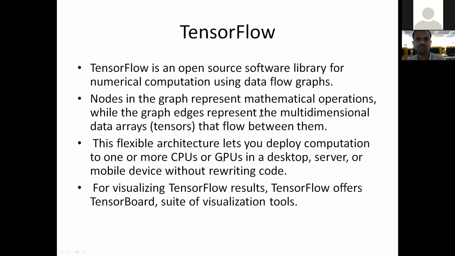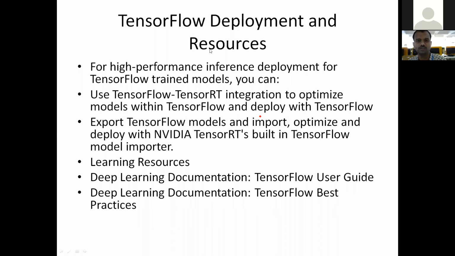It's an open source software library for numerical computation using data flow graphs. You study on GPU and CPU, and TensorBoard provides the visualization tools for TensorFlow results. All the TensorFlow deployment resources are available. I'll show you all that.